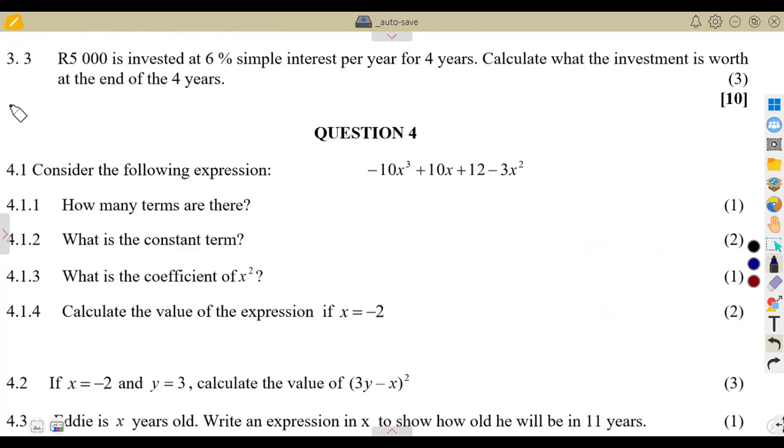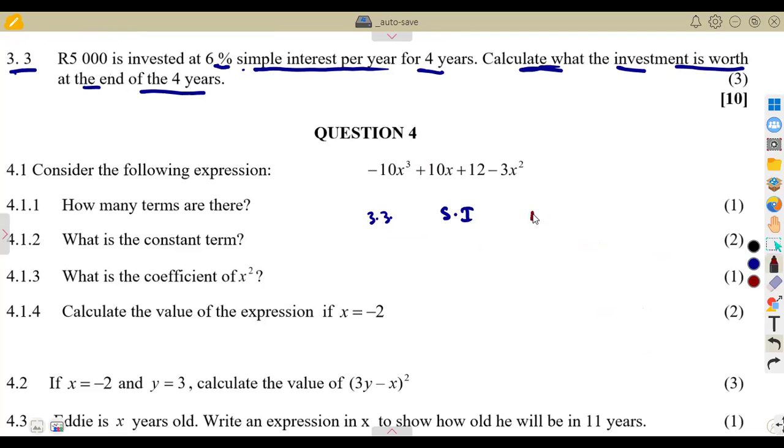Okay, let us check 3.3. 5,000 rand is invested at 6% simple interest per year for 4 years. So it's a simple interest. The question is, calculate what the investment is worth at the end of the 4 years.